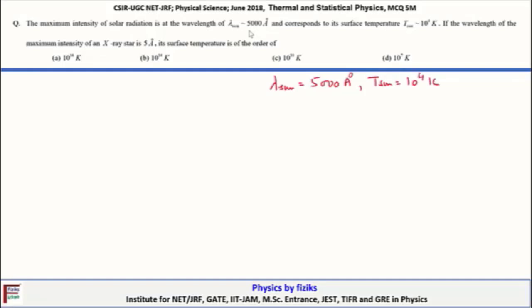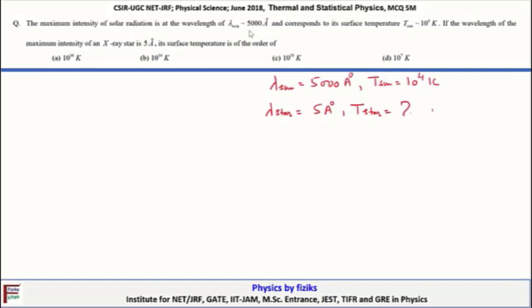If the wavelength of the maximum intensity of an X-ray star, let's write it as lambda star, is 5 angstrom, then we have to find the corresponding surface temperature of the star.